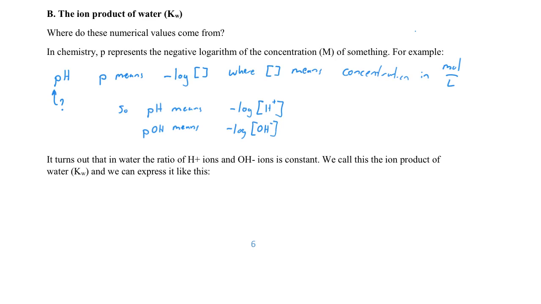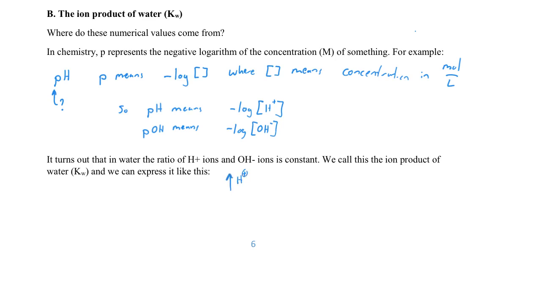So what we're going to talk about now is where this pH 1 through 14 comes from, the origin of it. The origin has to do with the behavior of water. It turns out that if you add some acid to water, you're increasing the H plus ions, but you're not just doing that.